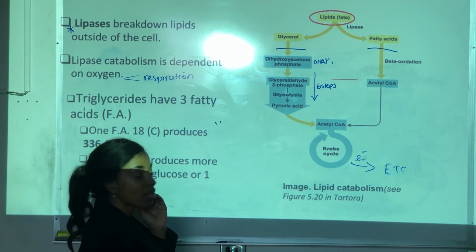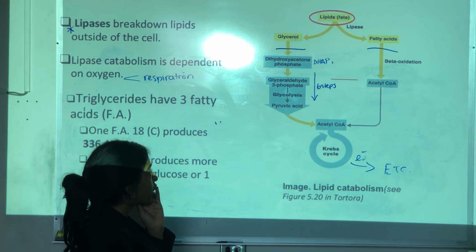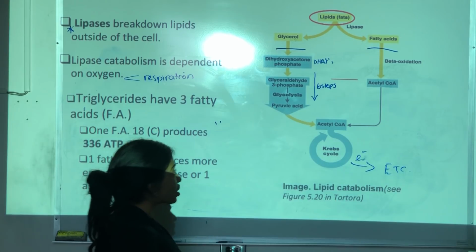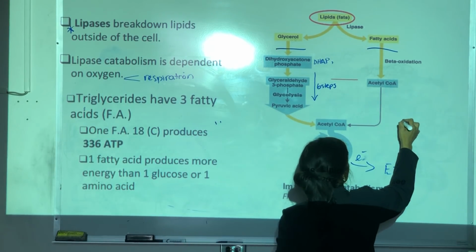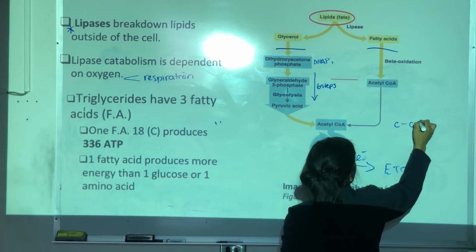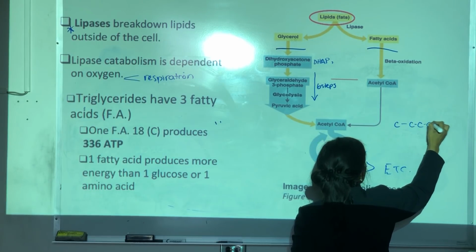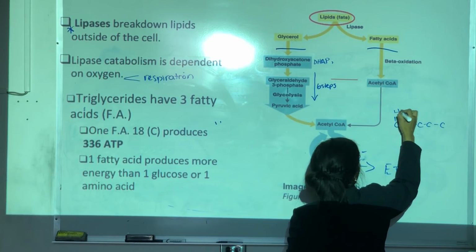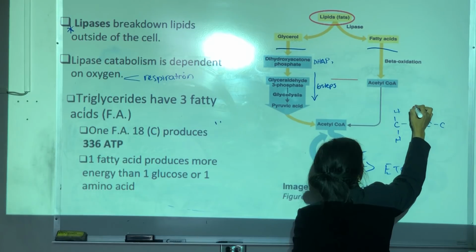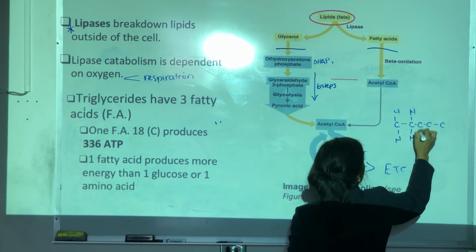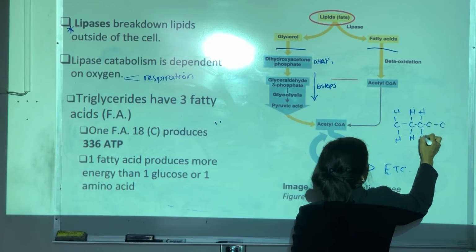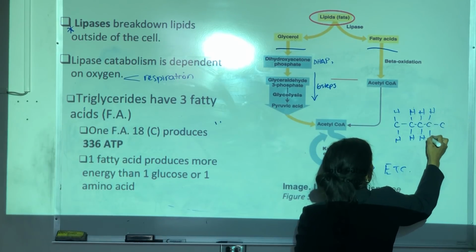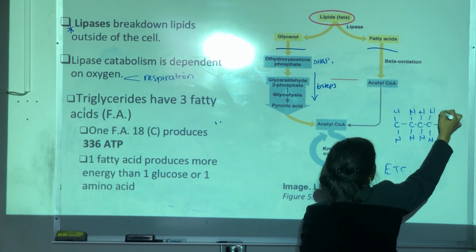As far as fatty acids, they will be oxidized. We call that process beta oxidation, where this fatty acid has many carbons, and all these carbons will carry electrons. It will look something like that. You can go back to your notes on fatty acids, but we know that it has so many electrons.